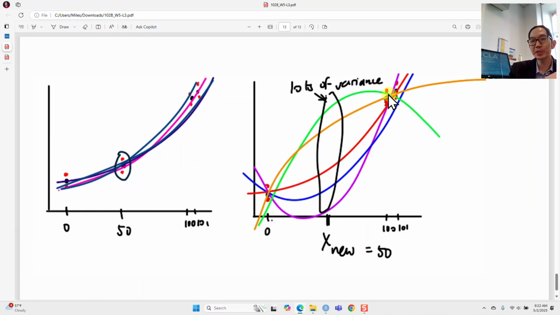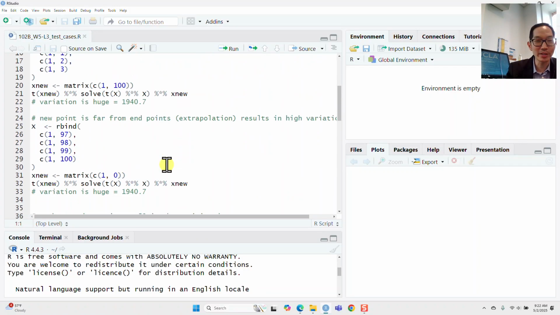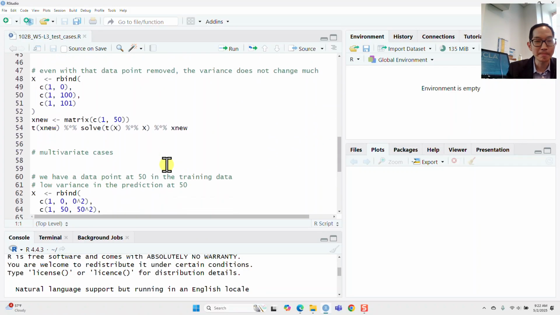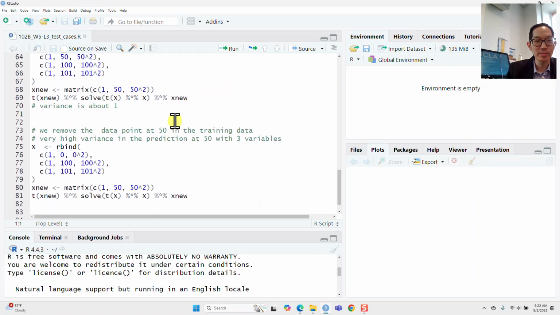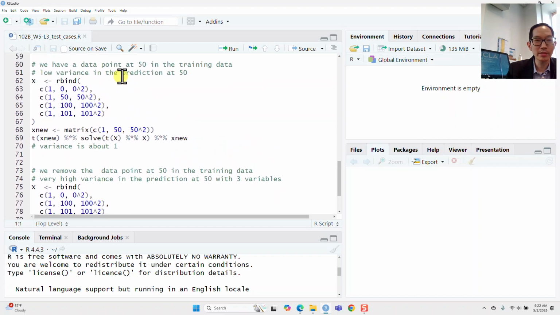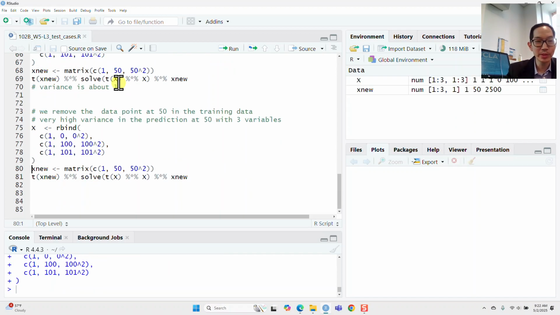If I want to make a prediction at 99, we would expect both the model over here and the model over here to have similar amounts of variance in the predictions, and that's what happens. I think I have that over here. Okay, so I did. This is that one, and that's that one with the huge amount.